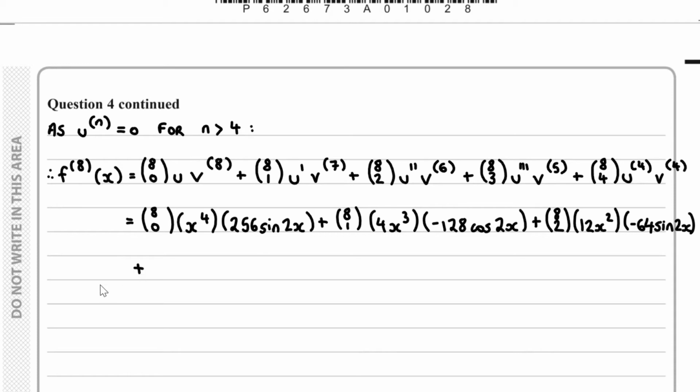And then we've got 8 choose 3 multiplied by the third derivative of u, which is 24x, times the 5th derivative of v, which is 32 times the cosine of 2x.